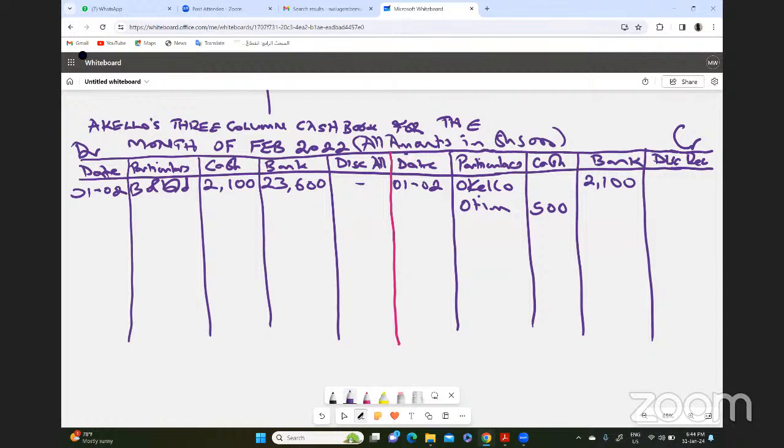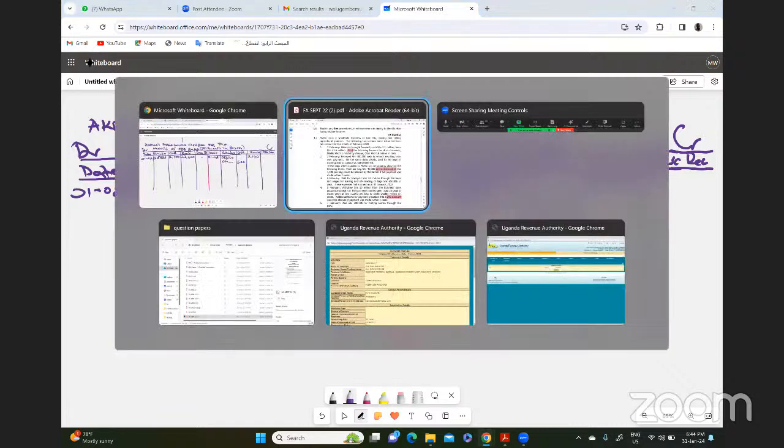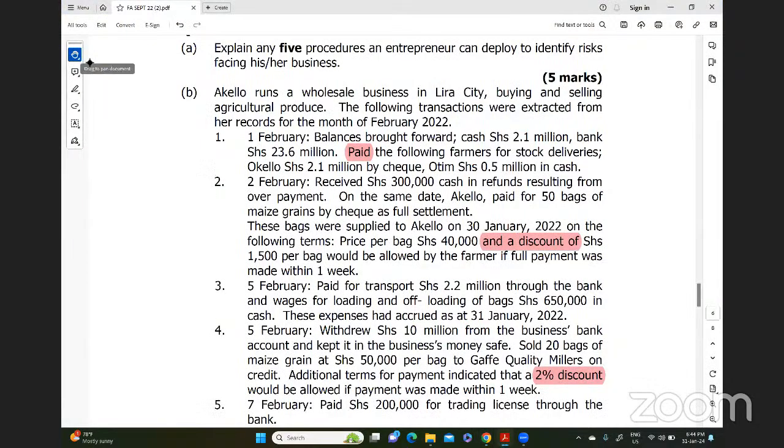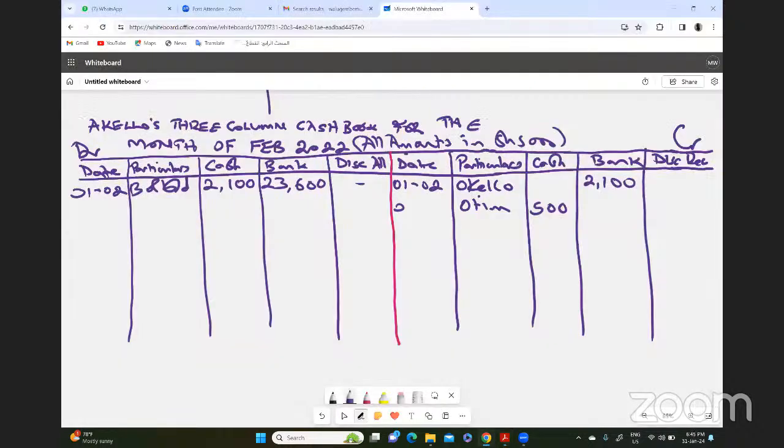So I'm putting 500. Are we together, guys? On the left-hand side, that's where we pay. But as you're recording, make sure that what was paid in cash, put it in a cash column. What was paid in the bank, put it in a bank column. Okay. We move ahead. So this Otim is also the same 1st of Feb.